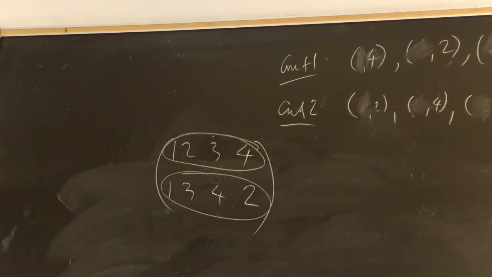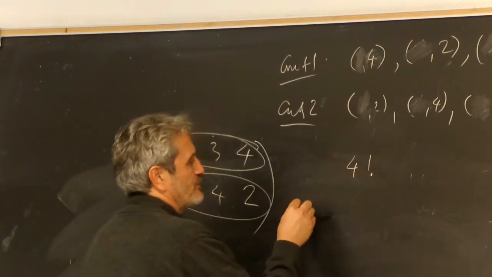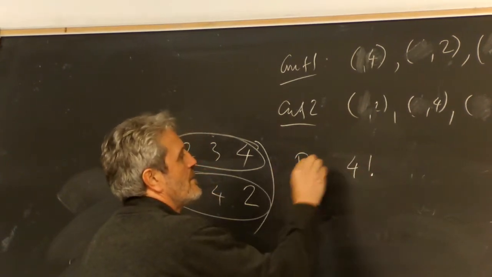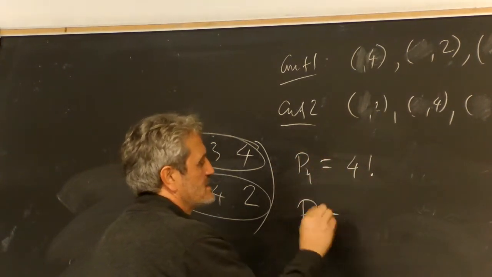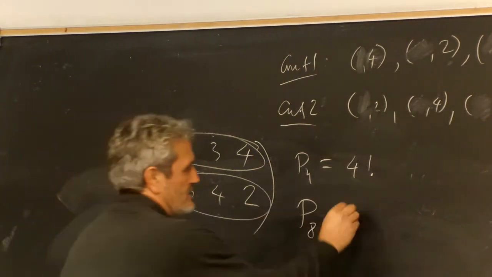So, one way or the other, the number of possible correct settings for cannons that do not attack one another is, in this case, the number of permutations of 4 numbers, which would be P4. But in our case, for the full chessboard, it would be P8.